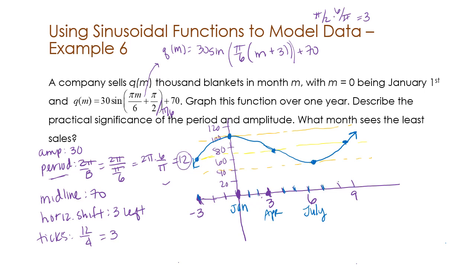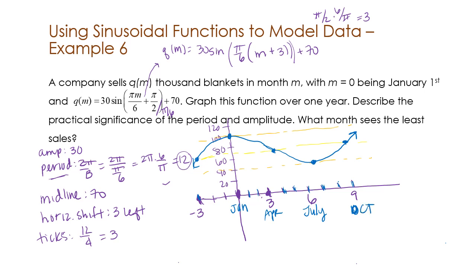So this would be January, February, March, April, May, June, July, August, September, October.